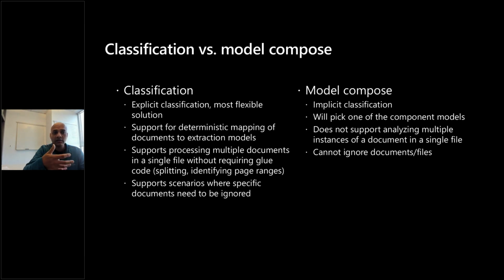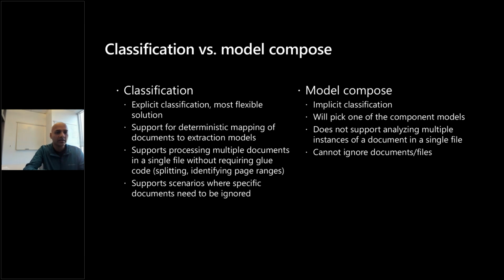But now you can use the classification model. One of the benefits is that it'll actually tell you that there are 5 logical invoices, or 5 documents, within this single file, and you can use that information to extract the fields that you need from each of those individual documents, versus having to rely on only the first output to process these files. So those are some of the benefits as you think about why you might want to use classification versus Model Compose.